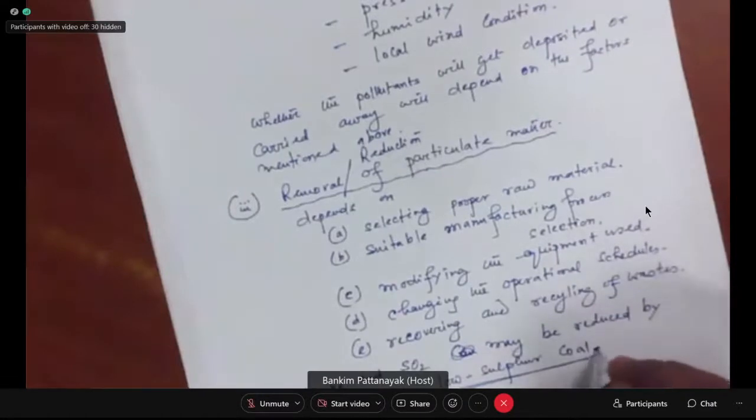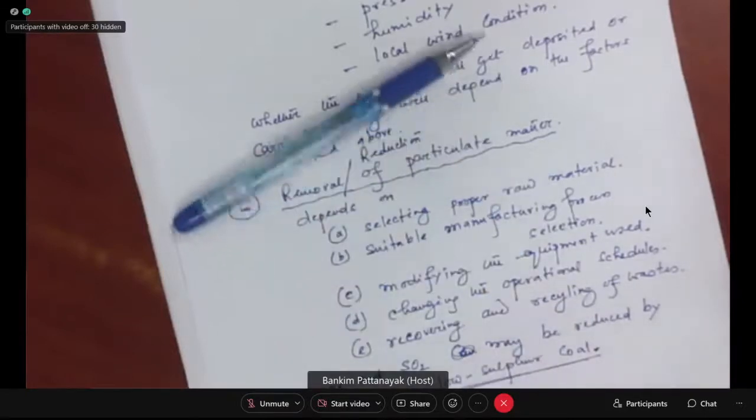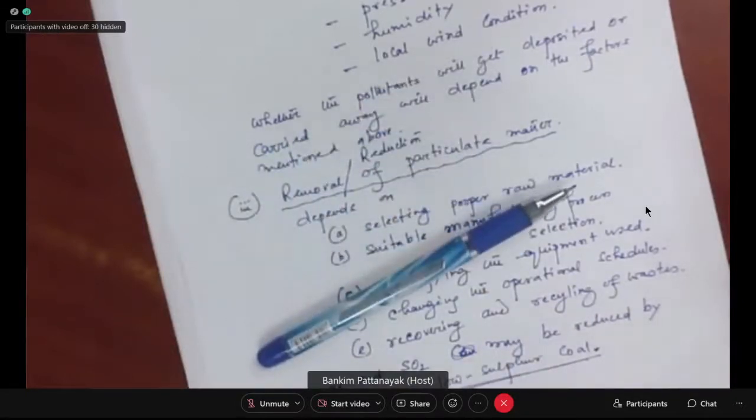Is it a practical solution? It is not a practical solution, because you have already received the coal in the thermal power plant. Suppose your inspection department says the sulfur content is very high and the coal cannot be accepted. Is it possible to return all that coal to the mines?